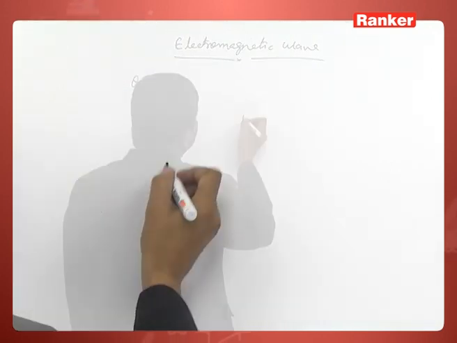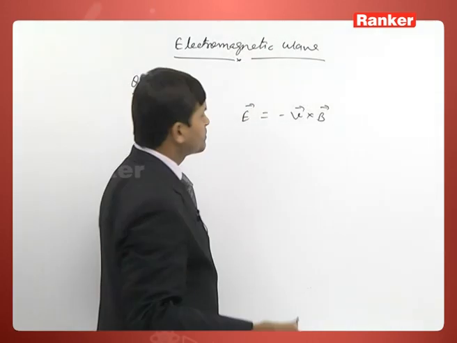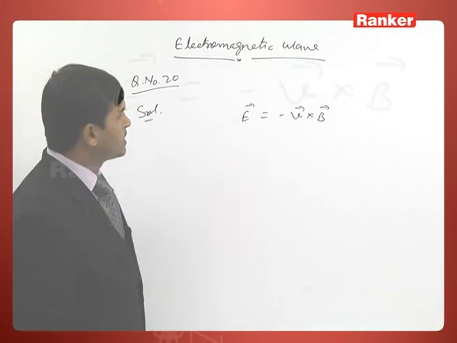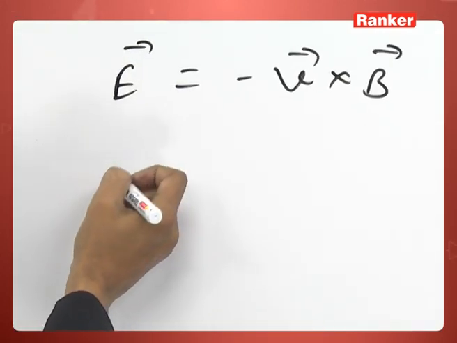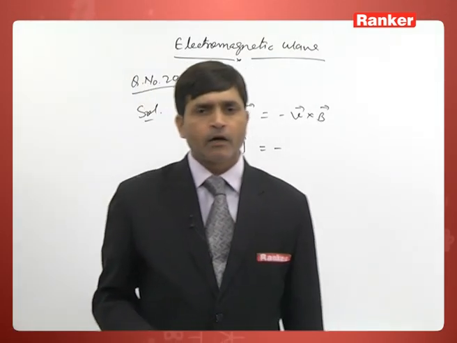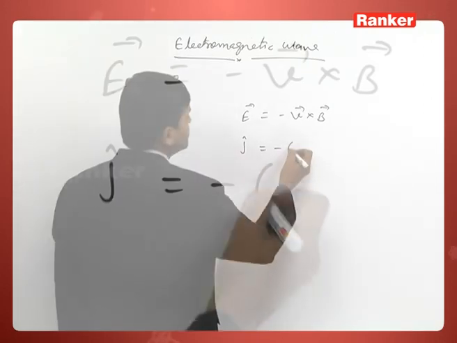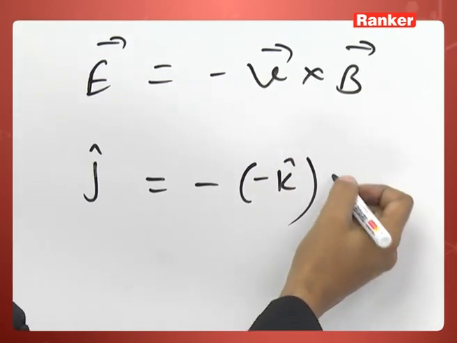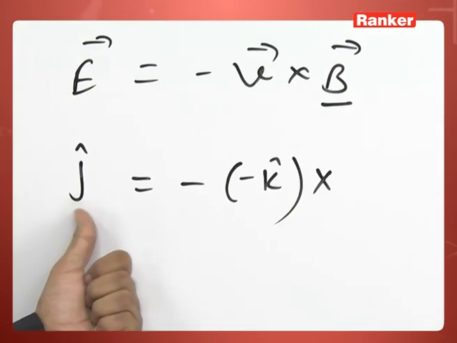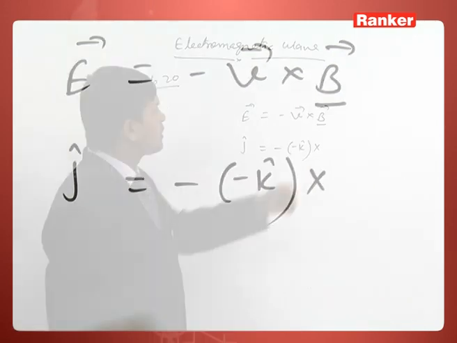See, as per the question here, the relation between the electric field and velocity is given by this expression. The electric field here is along the positive y direction, and energy is propagating along minus z direction, which indicates minus k. Now we want to find the direction of B, so that we can get the value of J. This minus minus becomes plus, so k cross j.